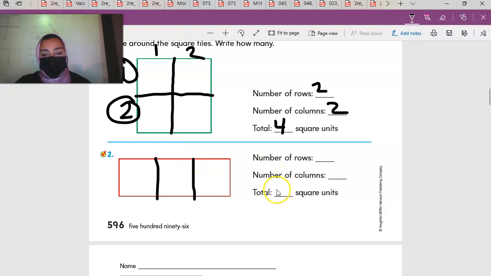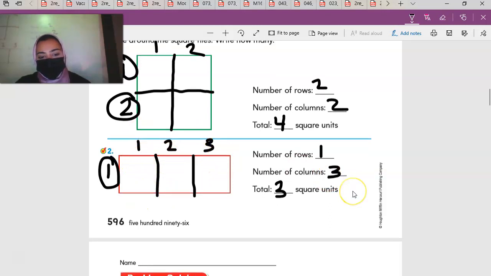So there are 3 square units here. How many rows are there? There's only one row. Very good. How many columns are there? 1, 2, 3. There are 3 columns.